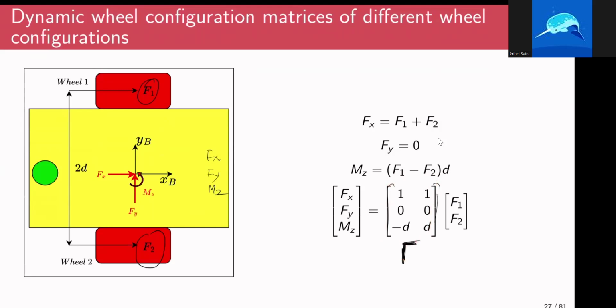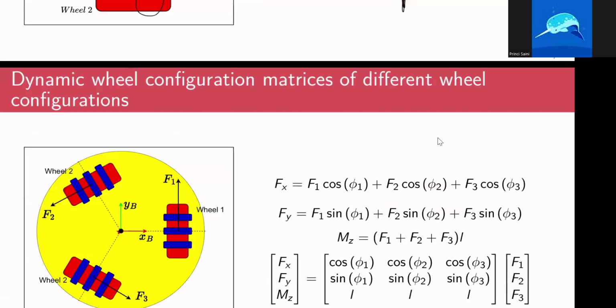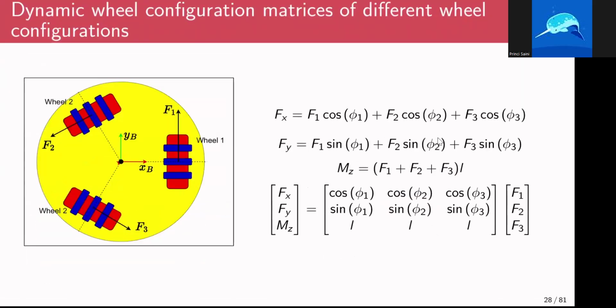For a differential wheel robot, the gamma matrix would look something like this. And for an omni wheel robot, the gamma would look something like this, right? Where phi 1, phi 2, phi 3 are nothing but the angles these forces make with the x-axis. So phi 1 would be 90 degrees, phi 2 would be 210 degrees, and phi 3 would be 330 degrees.